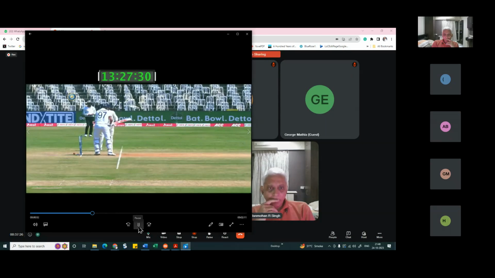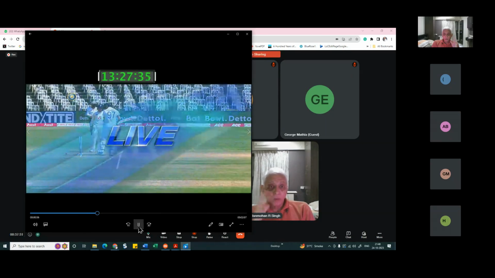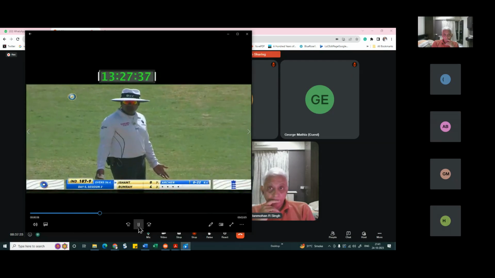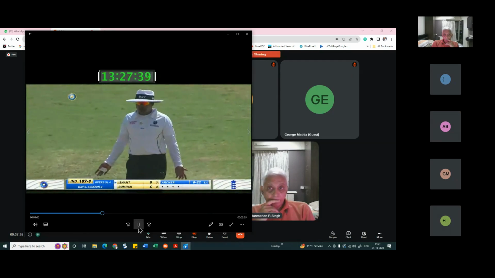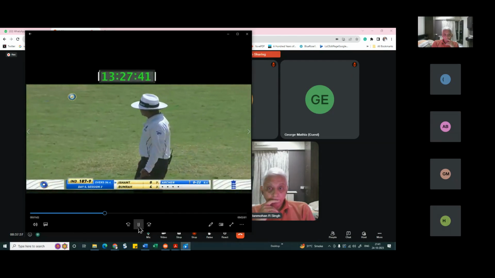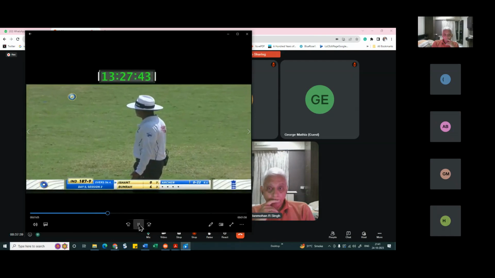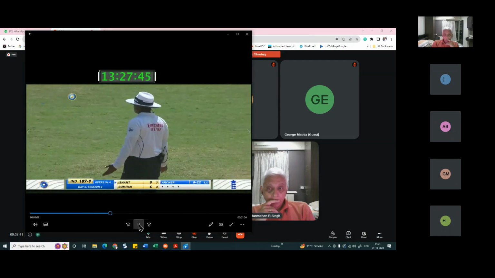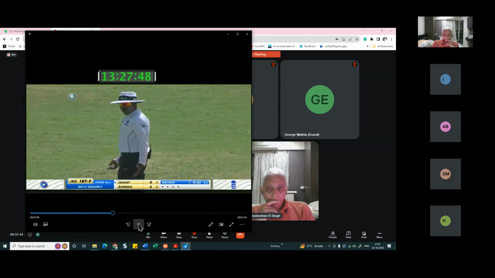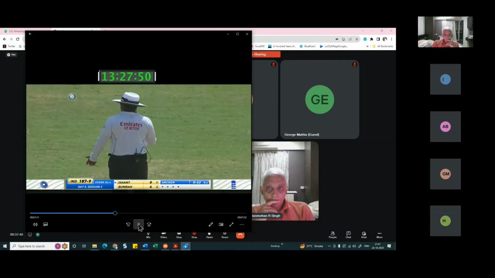But the field umpire does not agree. He says no. We cannot call dead ball because we have not seen it. Nitin, dead ball. No, Shams, you can't call dead ball now. Ball has been delivered. Can't call it dead ball now. Unless we saw it, then only we can call it.